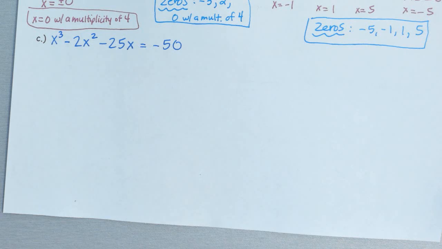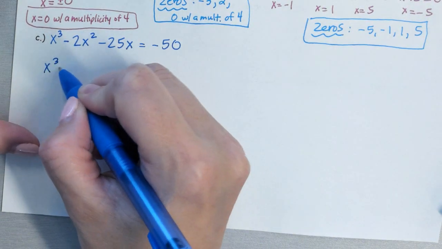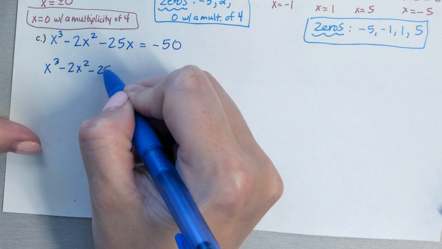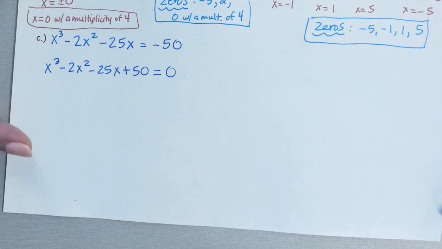Okay, so you do have a special pattern for this. What is it? What's the special method you have to use? Grouping. And then when you move over that 50, make sure that you add it over, because it should be plus 50. Sometimes people just move it over and then they forget.